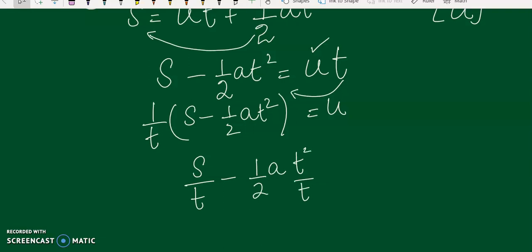Now this is power 2 and this is 1, so when we divide it, one power will be cancelled out, so we get half a t is equal to u.